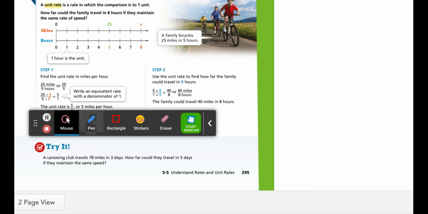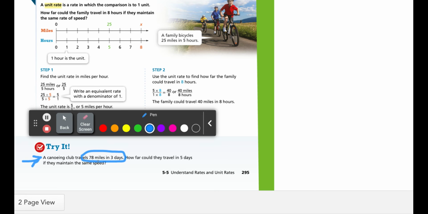Now let's look at this try it problem. It says a canoeing club travels 78 miles in 3 days. How far could they travel in 5 days if they maintain the same speed? So first we have to write a ratio. How many miles in 3 days? So let's write 78 miles in 3 days as a ratio. We would have 78 miles to 3 days.